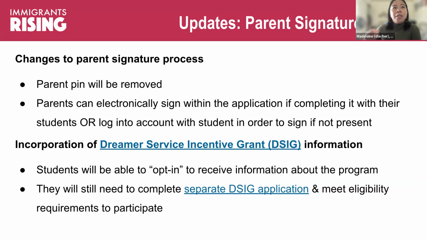And with this update, students will be able to opt in to get information about the program within the application, but they will still need to complete a separate DSIG application in order to participate, meet the eligibility requirements, and complete their service hours to get that money.